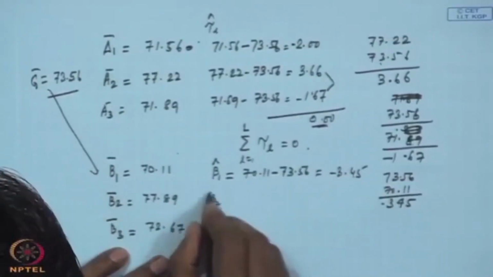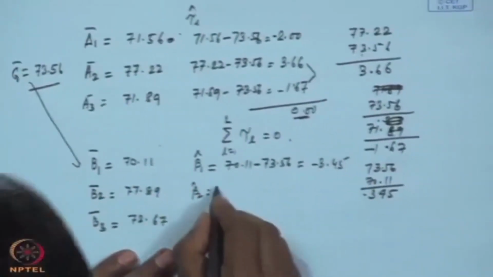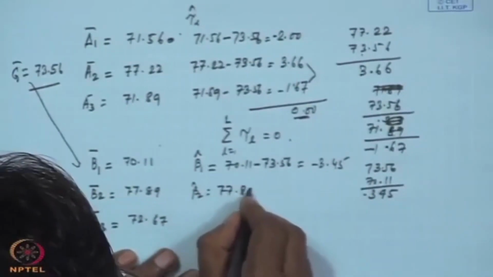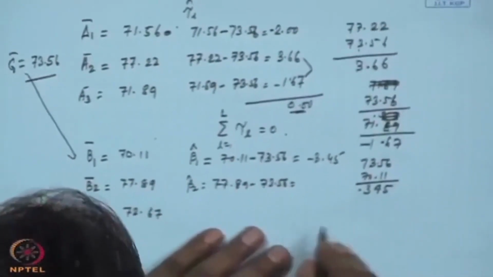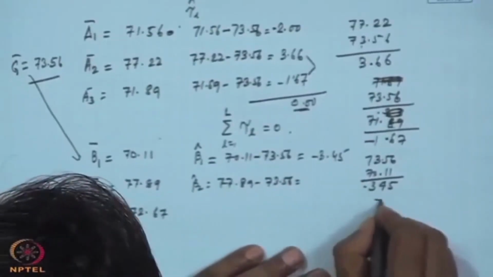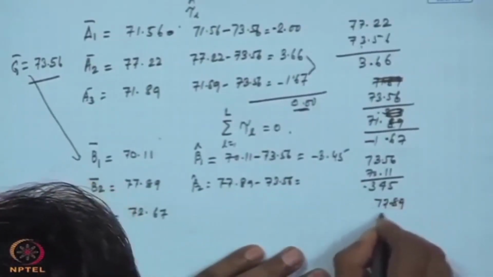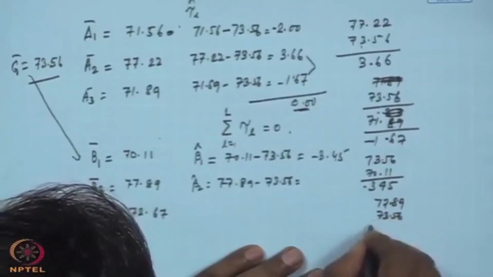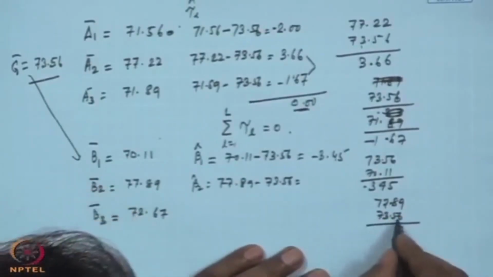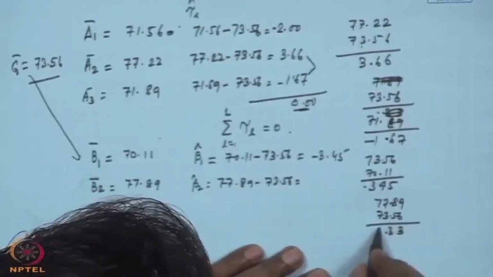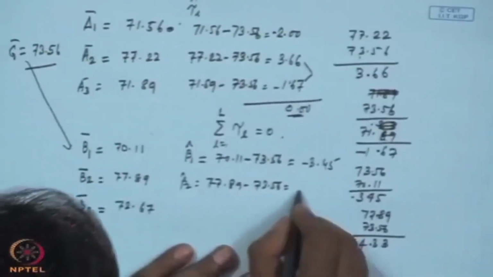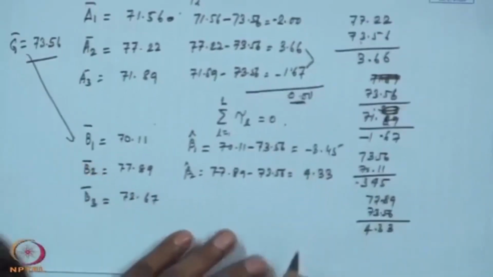What will be the beta 2 value? Beta 2 value will be 77.89 minus 73.56. So, you calculate. 77.89, 73.56, then 3, I think 4. So, 4.33.